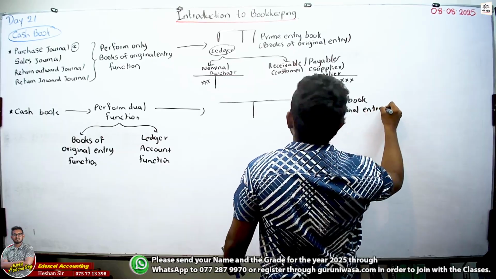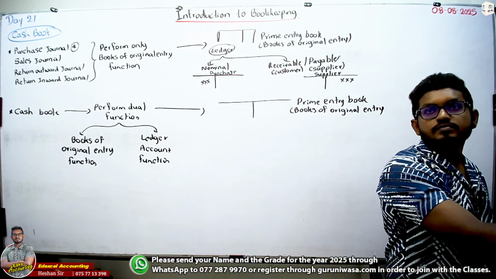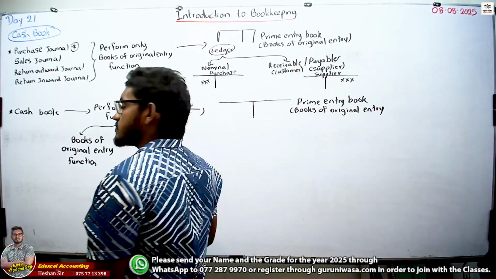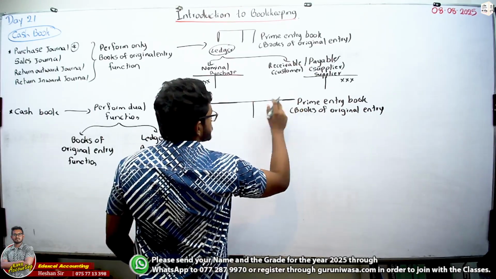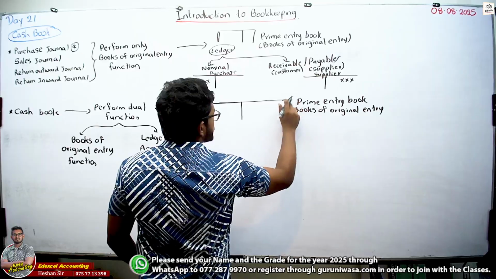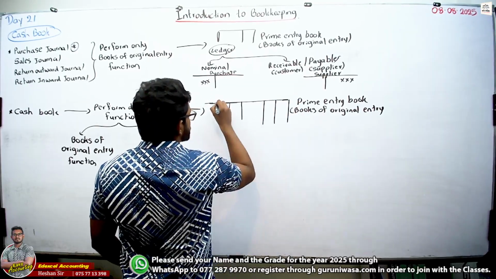Now you can see when it comes to the full format, there are discounts, right? There are two columns. In here is the cash payments, and there is also another one.